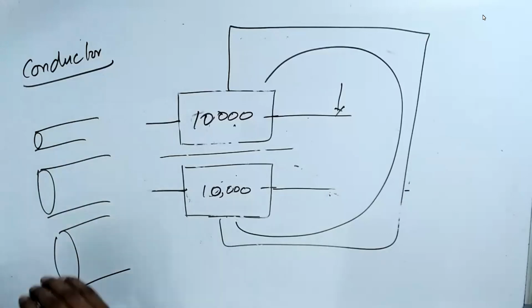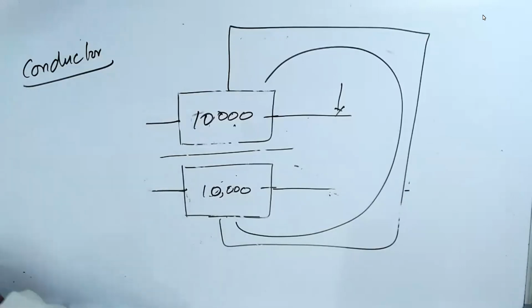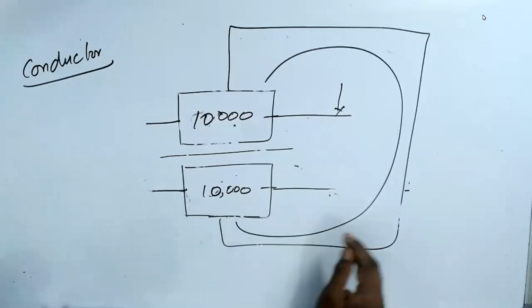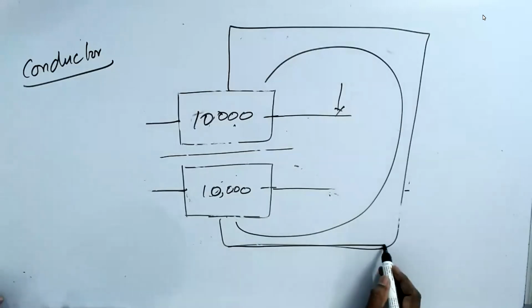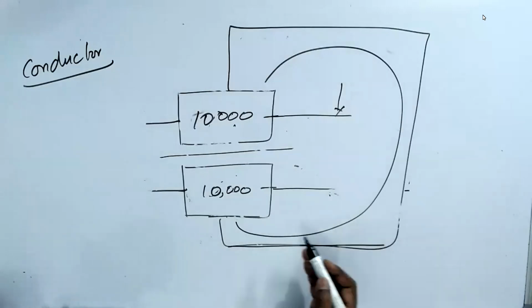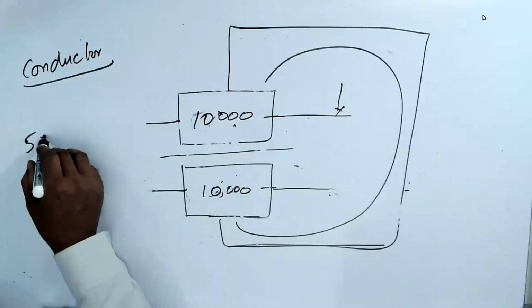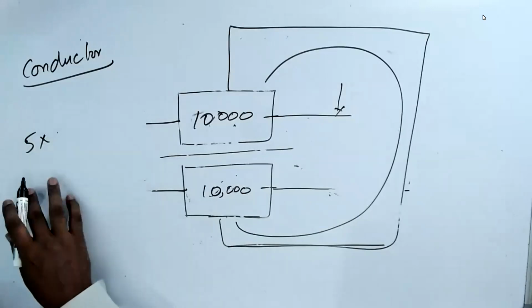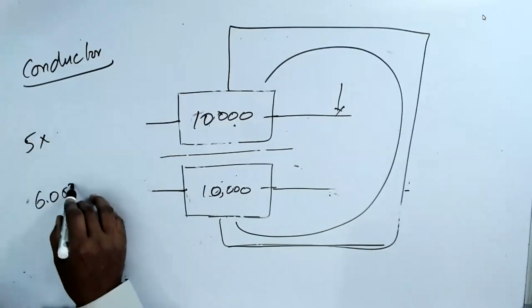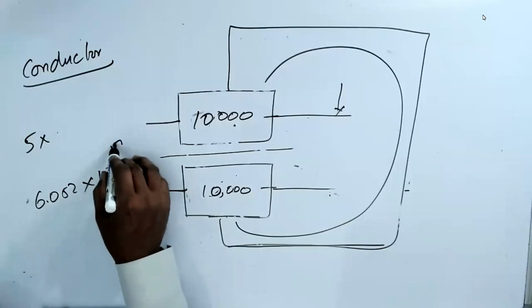The pipe manufacturer will tell you how many electrons can flow at a time through the pipe. For example, they say the number of electrons that can go through my pipe is 5 into, let us assume, 6.052 into 10 power 18 is 1 unit, 1 volt.